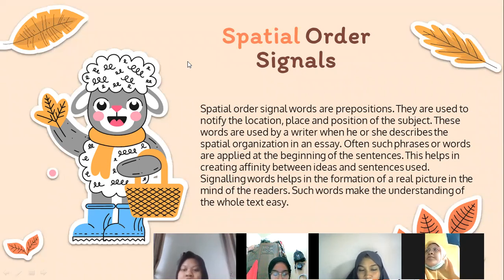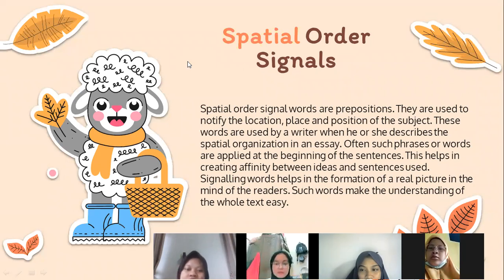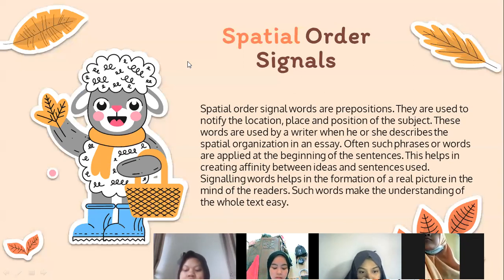Often such phrases or words are applied at the beginning of the sentence. This helps in creating affinity between ideas and sentences. Signaling words help in the formation of a real picture in the mind of the reader. Such words make the understanding of the whole text easy.